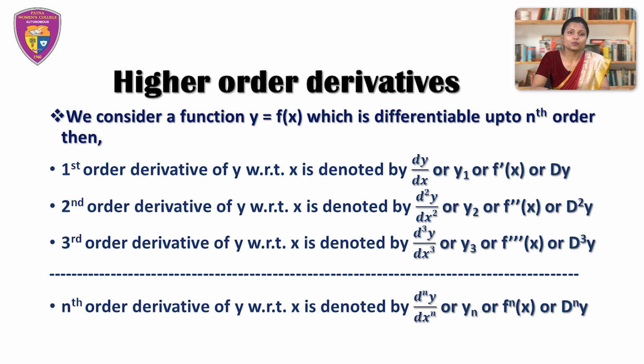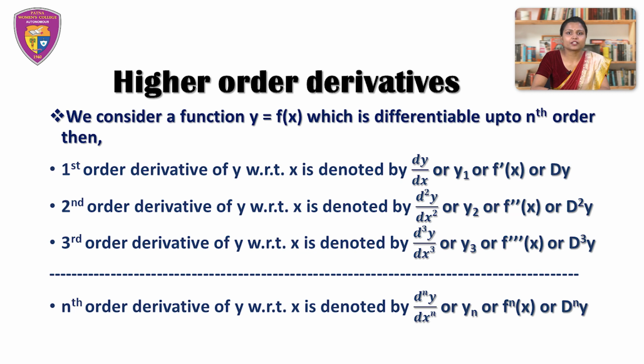Moving forward to higher order derivatives, let us consider a function y equals f(x) which is differentiable up to nth order. Then its first order derivative with respect to x is denoted by y1 or f dash x. Second order derivative of y with respect to x is denoted by y2 or f double dash x.